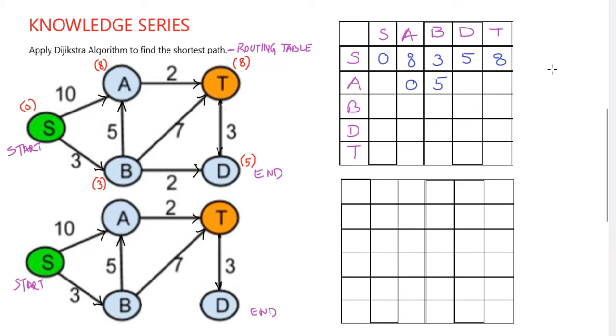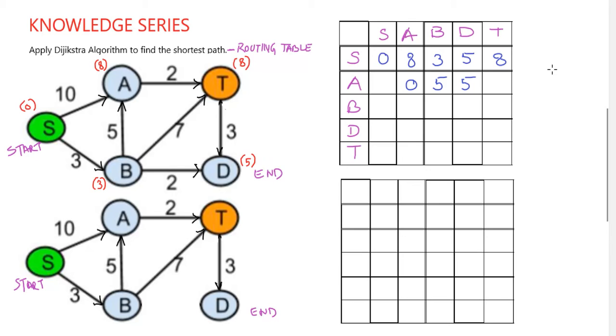Then to D, 5 we are getting over B. Similarly, A to D, since it is an indirect node, when we compute it with respect to the normal Dijkstra algorithm steps, we will be getting the value as 5.